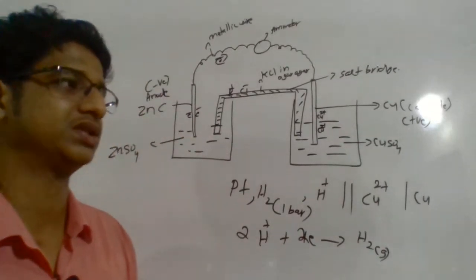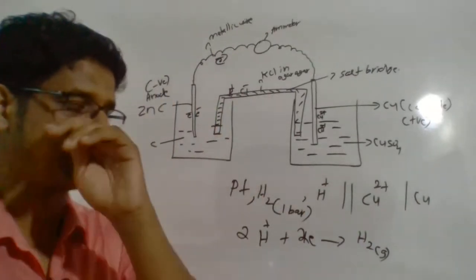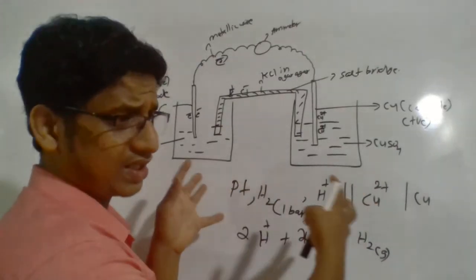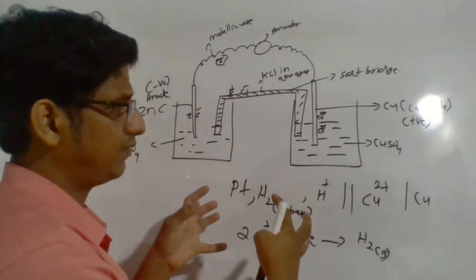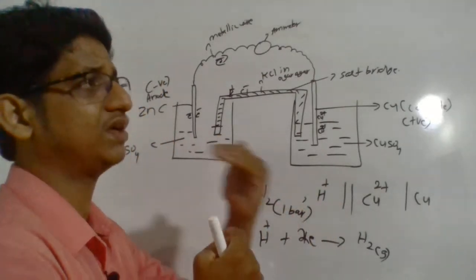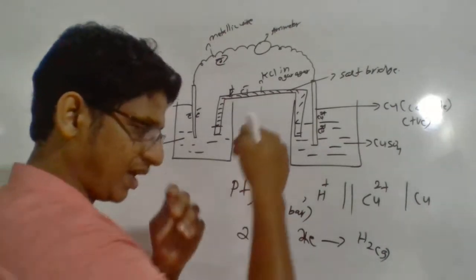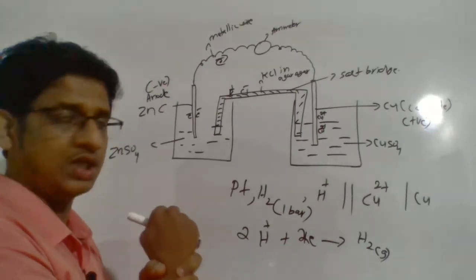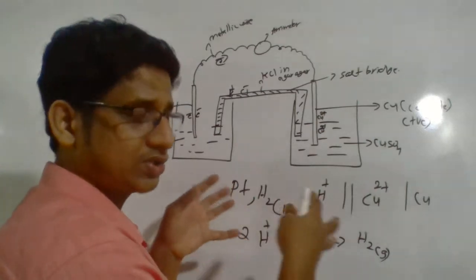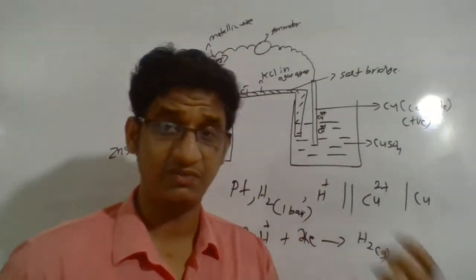That's another important function, and we will discuss liquid junction potential in the later part. It means when two different electrolytes are in contact with each other, one having higher concentration and one having lower concentration, the ions move from higher concentration to lower concentration. With respect to that movement, at the junction where the two solutions are separated, a potential difference will develop.